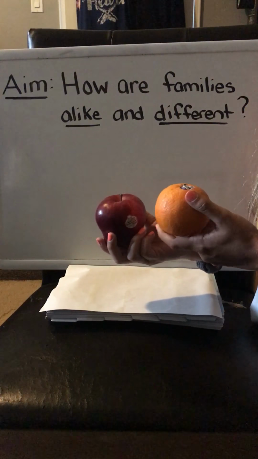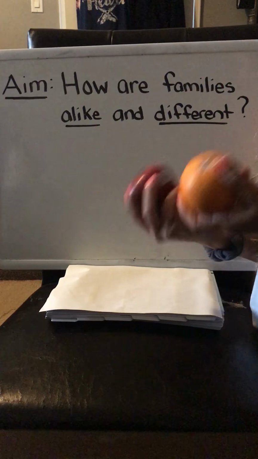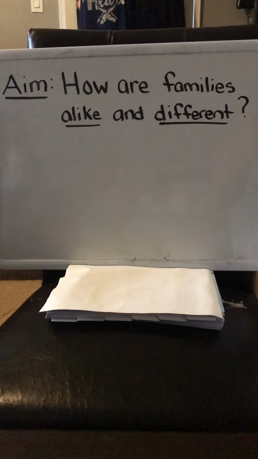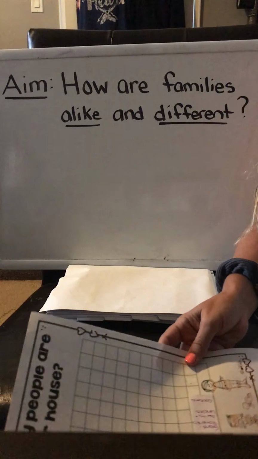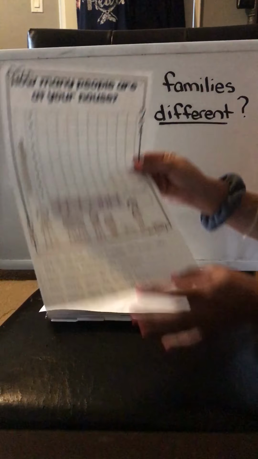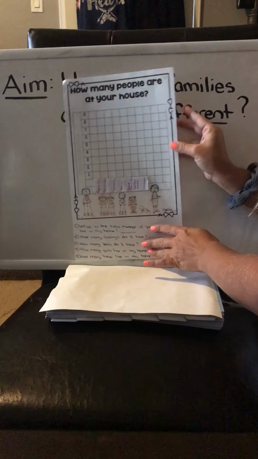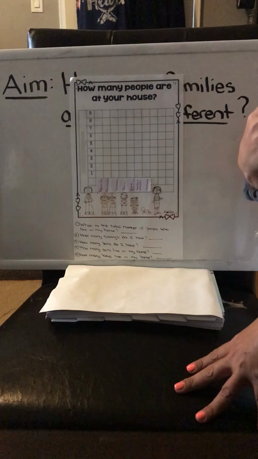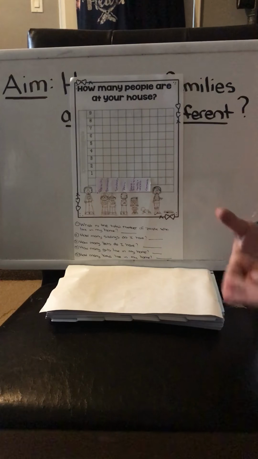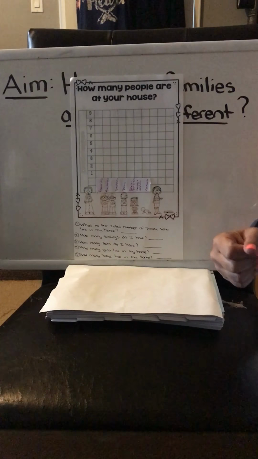Well, today, boys and girls, we're going to learn how our families and the people who live in our homes are the same and different. We're going to do this by using a graph. Okay, so this graph here is going to represent who lives in our homes with us.